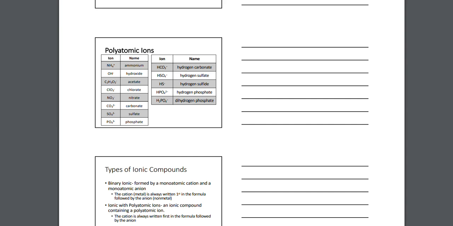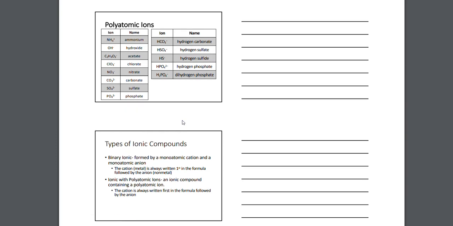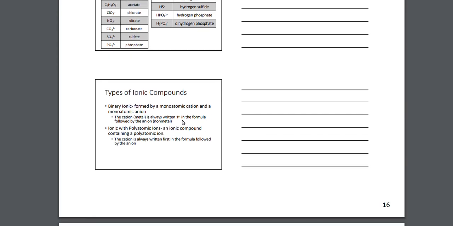So all these are nonmetals forming a covalent bond. The negative charge you see in here, or these 2 negative charges, or 3 negative charges, will act as anions and interact with the metals, in other words, the cations, and form ionic compounds. And we will look at this in a second.